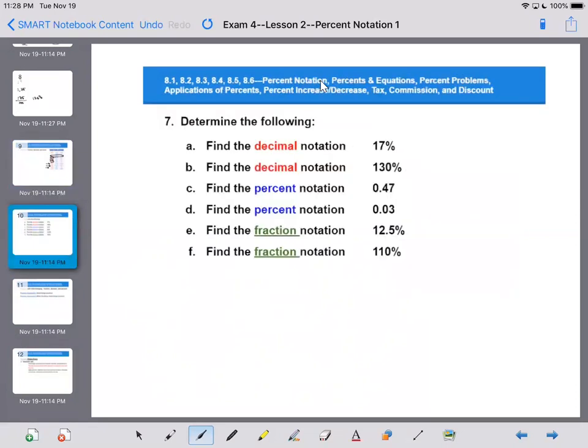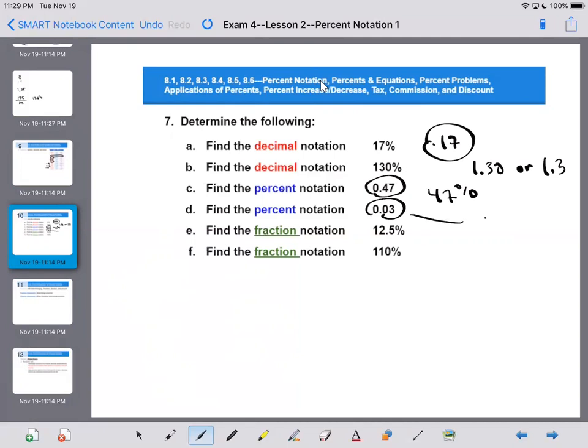All right, so if I want you to find the decimal notation of 17%, that would be 17 hundredths. The decimal notation for 130% would be 1 30 hundredths or 1 3/10. If you have 47 hundredths and I want it as a percent, that would be 47%. 3 hundredths would be 3%.